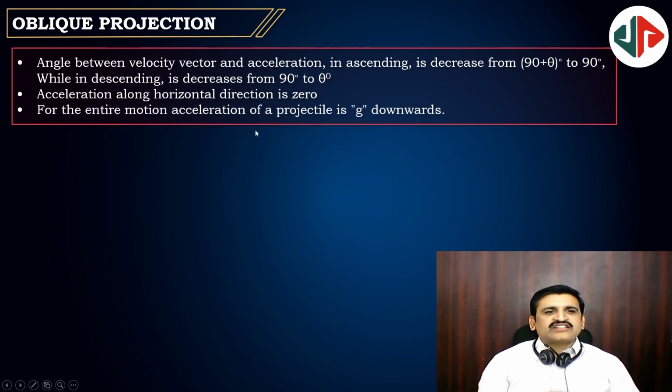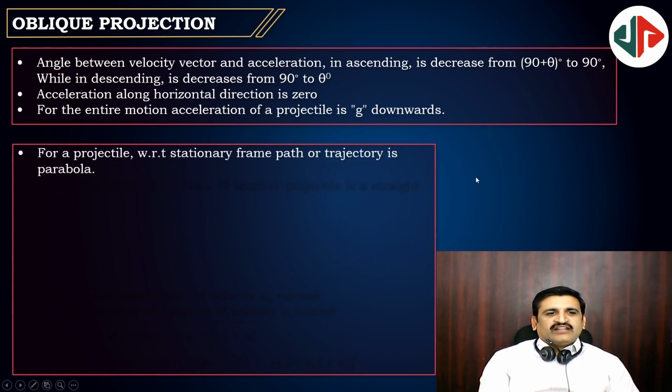The acceleration along the horizontal direction is 0 when a body is projected obliquely, along the surface of the earth. The only acceleration is in the vertical direction, downwards, and its value is small g equal to 9.8 meter per second square.